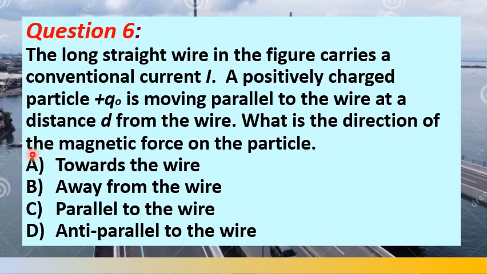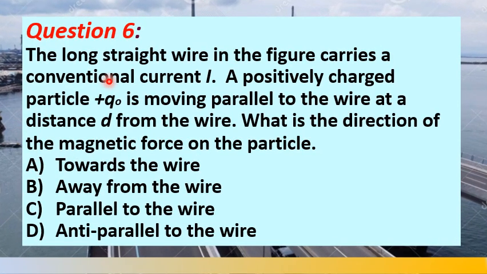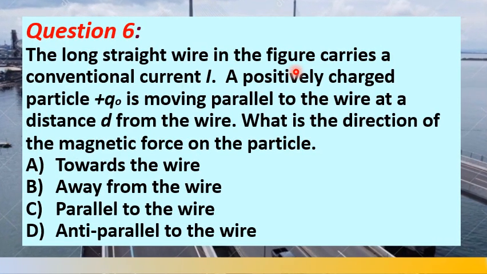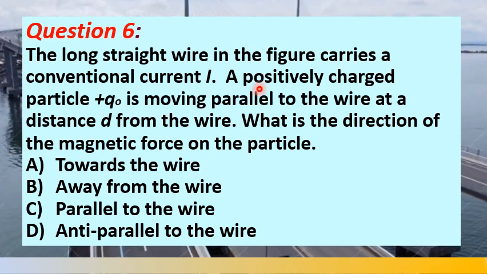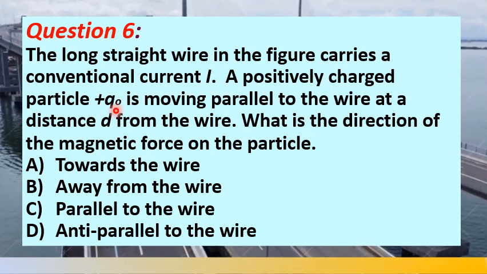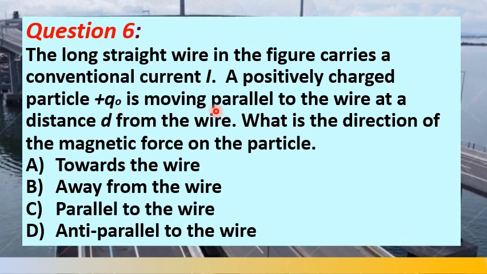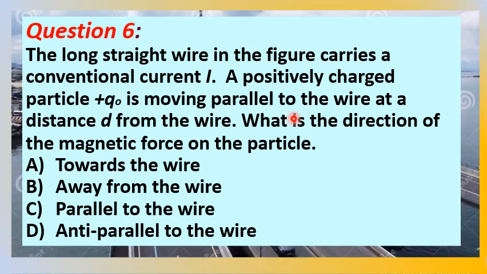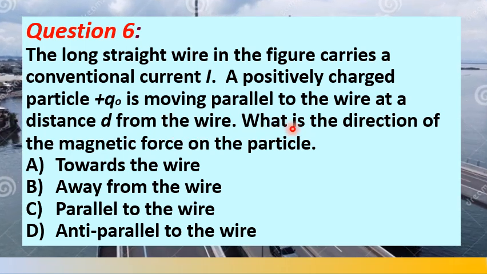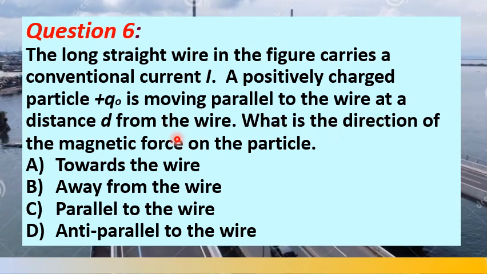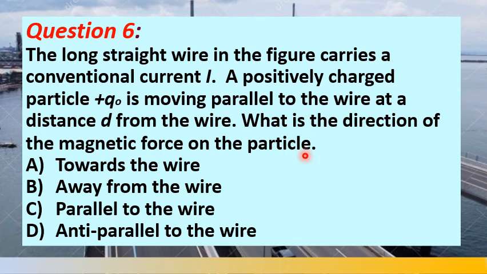For our last question, number 6, the long straight wire in the following figure carries a conventional current I. A positively charged particle, Q0, is moving parallel to the wire at the distance d from the wire. What is the direction of the magnetic force on the particle?